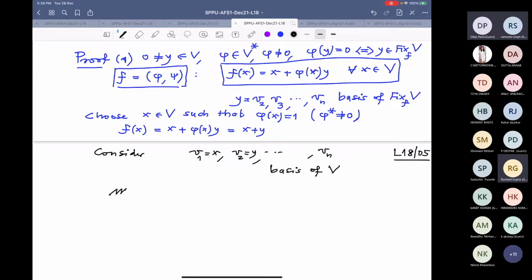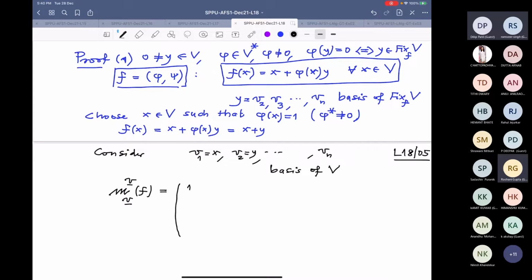So M of f with respect to this basis. How do you write the matrix of a linear map with respect to a basis? The first column is the image of the first basis vector. So for the first column, I take the image of x, which is x plus y.